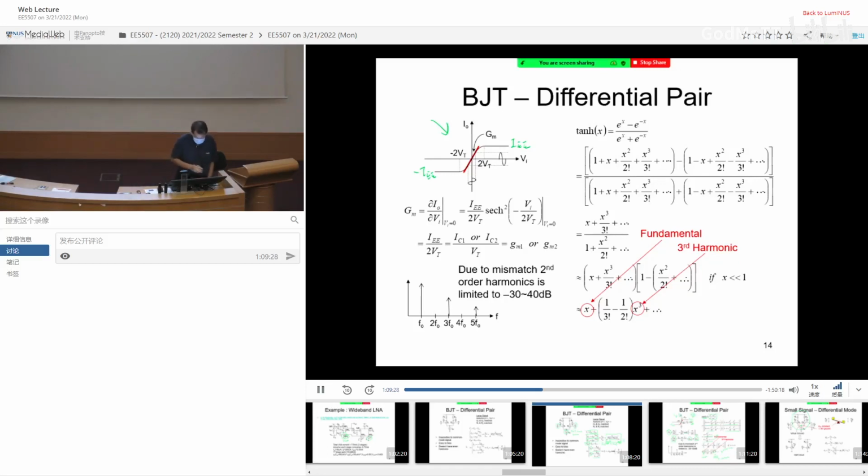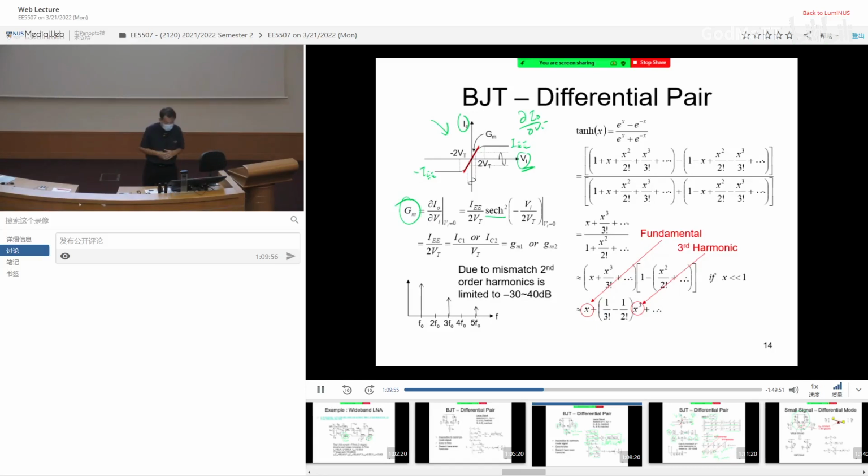This function is well described by hyperbolic tangent. We are going to derive the gradient, because the gradient tells you how much the current is going to change with respect to the input voltage. This is the x-axis, input voltage. This is the y-axis, output current. So finding the gradient, delta I naught over delta Vi, is basically taking the derivative of the hyperbolic tangent, which turns out to be hyperbolic secant squared.